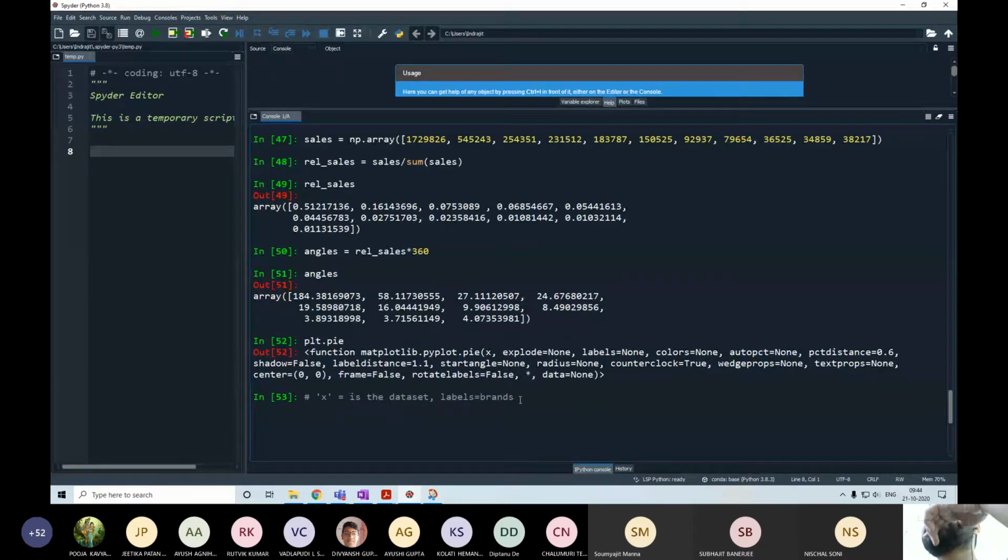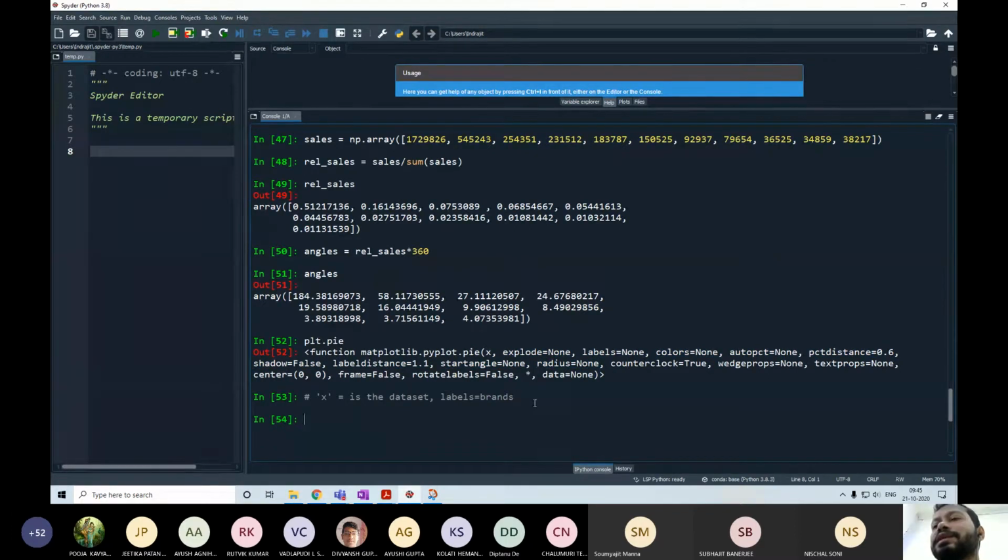Actually, let me tell you something general about Python. This plt.pie is actually the function matplotlib.pyplot; recall this whole thing was renamed as plt, so that's why it is calling this function. This function takes many arguments, but you don't have to supply that many. If I supply this single argument, this will work. The more arguments you supply, the more customization you can make, but you don't have to supply all the arguments.